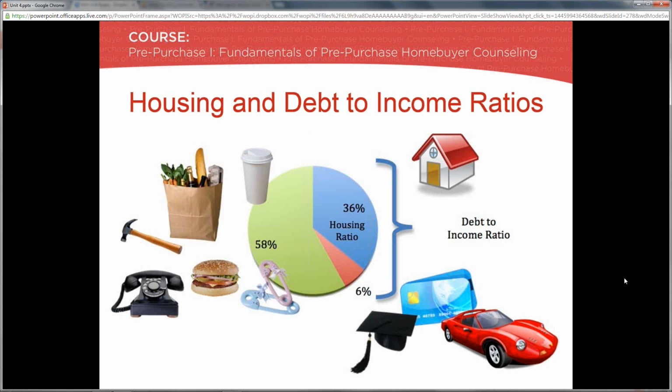Now, if you look at both the blue and the red sections together, you'll notice that that is identified as the debt-to-income ratio, meaning all of the debt payments that the person has, including their house payment and the other 6%. So 36% plus 6% would be 42% of their total gross monthly income is paying for all of their debts.